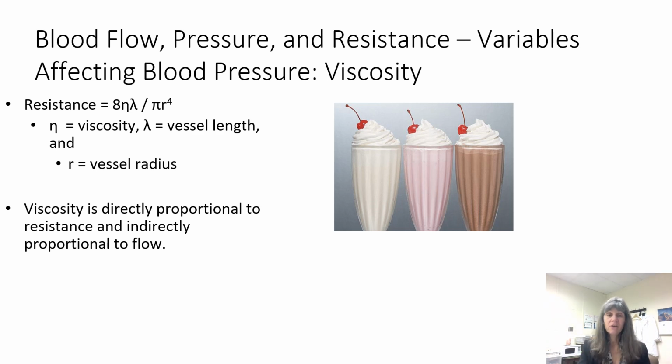What does that mean? The greater the thickness or viscosity, the more resistance and the harder it is going to be for that flow to occur. That's going to mean that we need more pressure to get it through. So that's going to actually cause an increase in blood pressure.